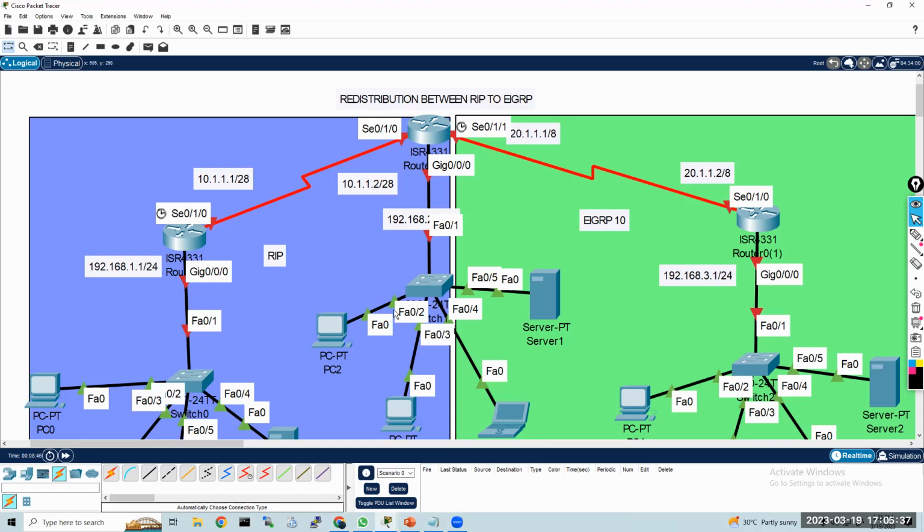Let me check the control. I'm checking where to give the remote control.